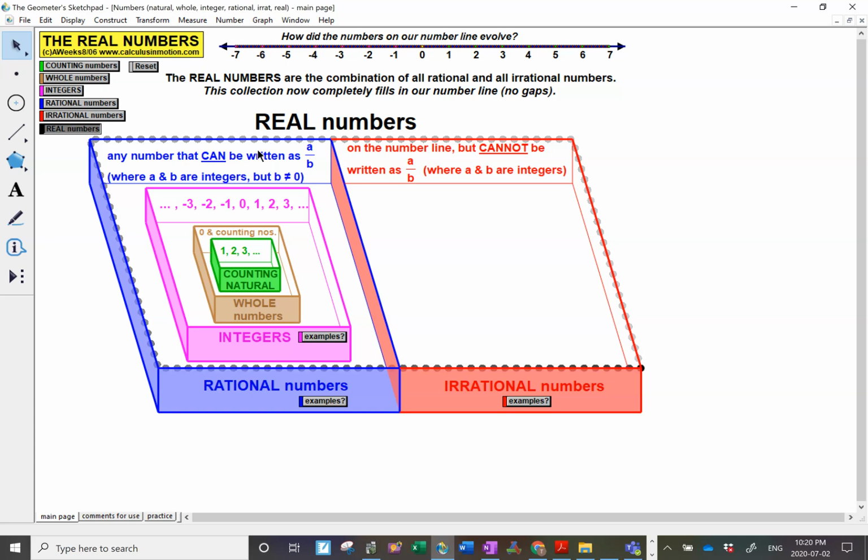You could probably ask me, Miss Galita, if there are real numbers, are there imaginary numbers? Absolutely. There are imaginary numbers. We don't usually use them in the problems that we will be doing, but if you're pursuing a career in math or maybe computer science, you're going to meet some imaginary numbers.